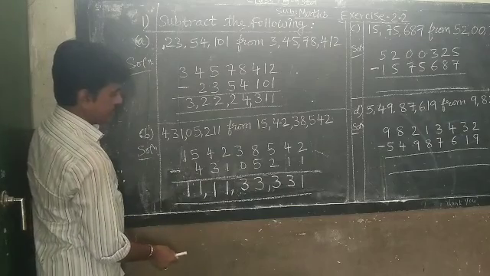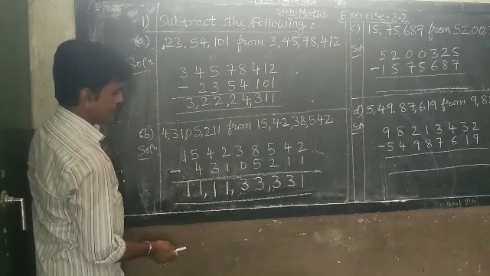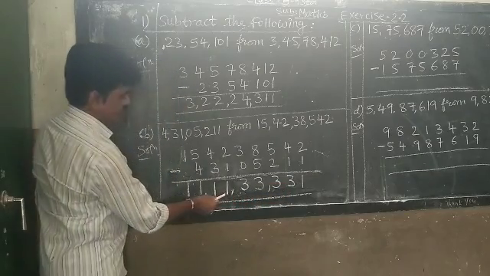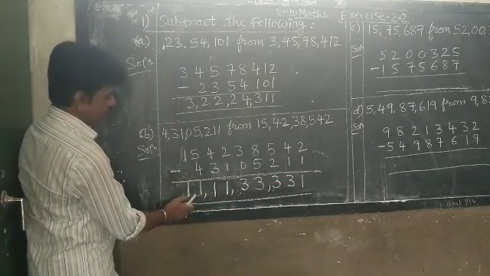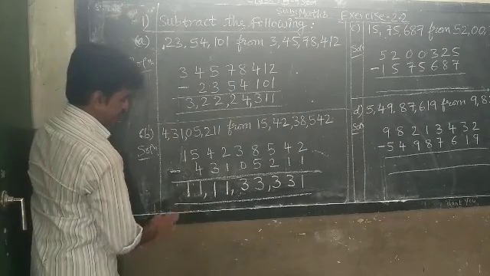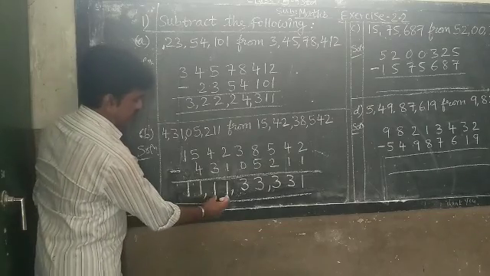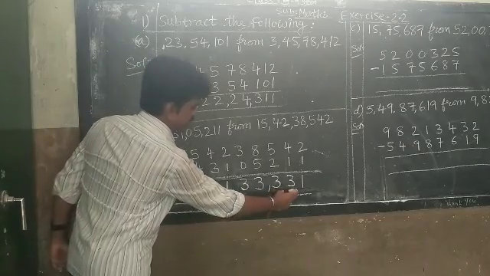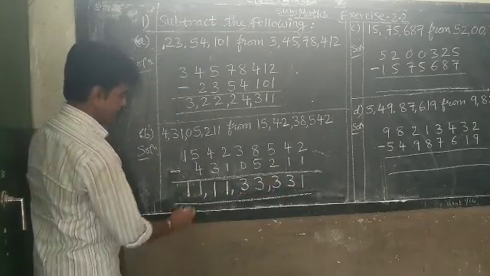So how can you read what is the value of this? 1, tens, 100, 1000, 10,000, lakh, 10 lakh, crore, 10 crore. These two form 11 crore, 11 lakh, 33,331. Understood? How to read?